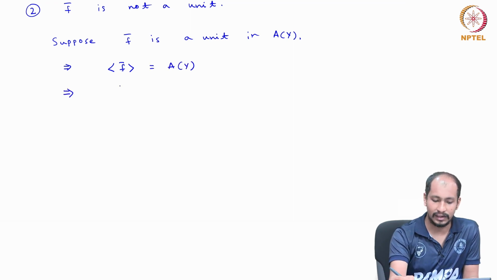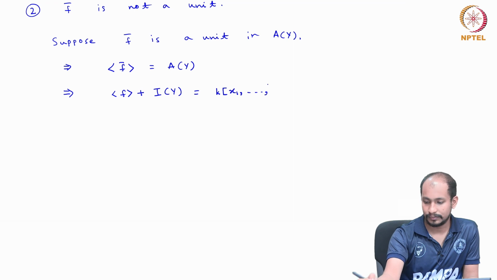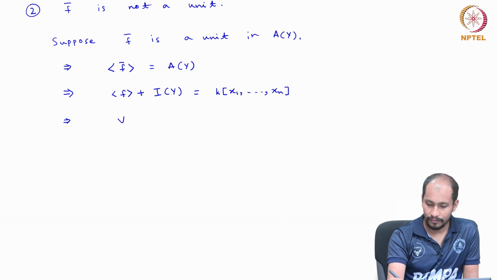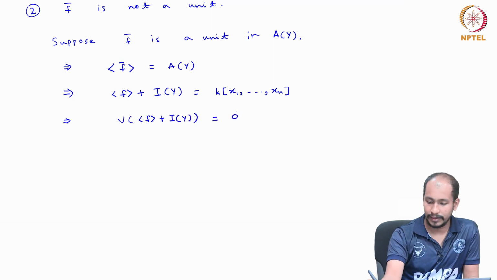Now this implies that the ideal generated by F plus I(Y) equals the polynomial ring k[x1, ..., xn]. So this implies that V of the ideal generated by F plus I(Y) is equal to the empty set.